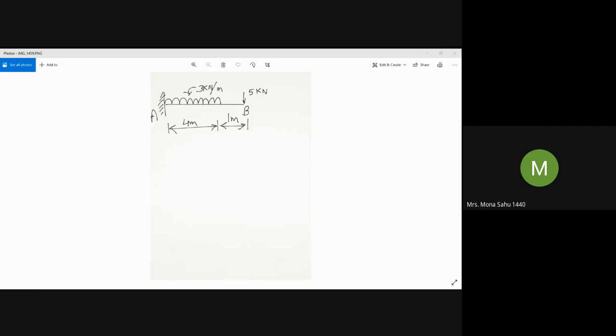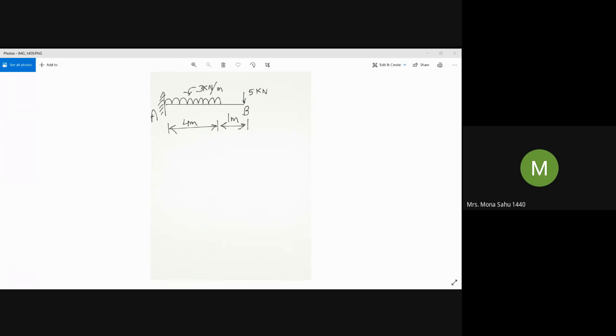So 17 kilonewton, and this is your RA. And MA is going to be 5 multiplied by 5 plus 3 into 4 multiplied by 2.